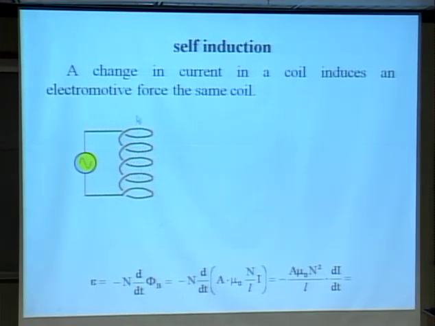Well, if internal resistance of the coil is small, then it's really the potential difference between this point and this point. Yes, Adam, say it louder. Well, then the potential difference is proportional to the rate of change in current flowing through that element.